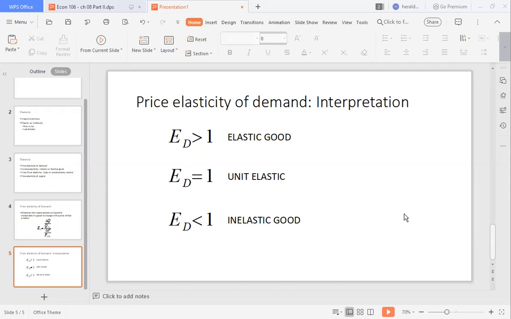For one, almost perfectly inelastic is insulin. The reason is that there are no close substitutes at all, and it's considered a necessity for people who need access to that good. So universally, insulin is considered very close to a perfectly inelastic good.